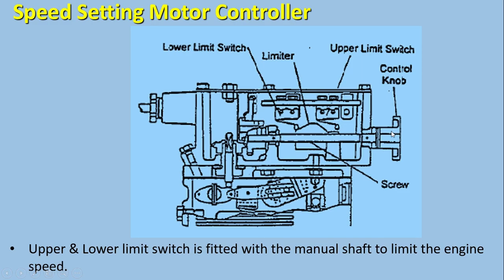In this manual control knob there are two limit switches: a lower limit switch and an upper limit switch. These upper and lower limit switches are fitted to limit the engine speed in case of overspeed or underspeed. So these limit switches are fitted with the manual control knob to limit the engine speed.